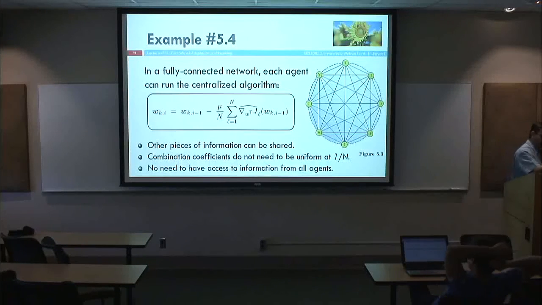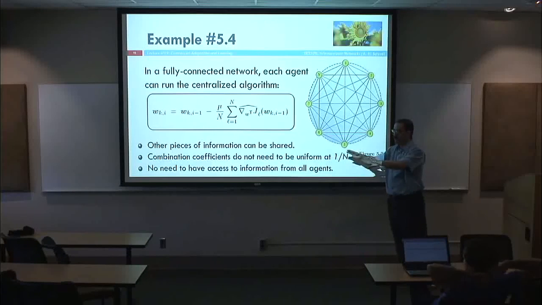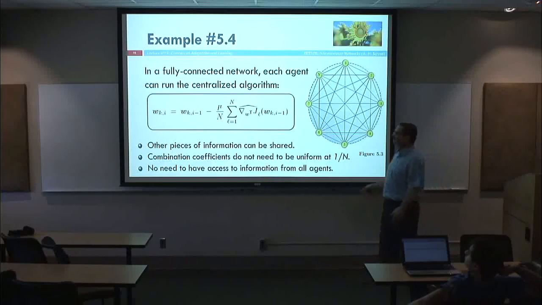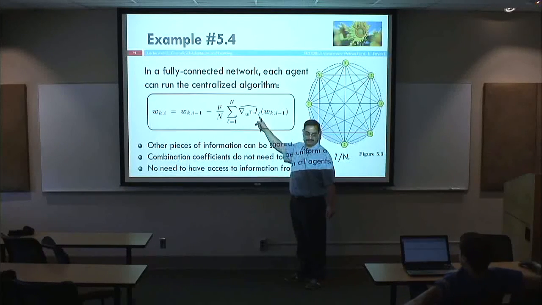So every agent in this fully connected network, you can think of it as a fusion center by itself, because it has access to all the information from all other agents. Meaning that it knows the approximate gradient vector that's computed by every other agent l.